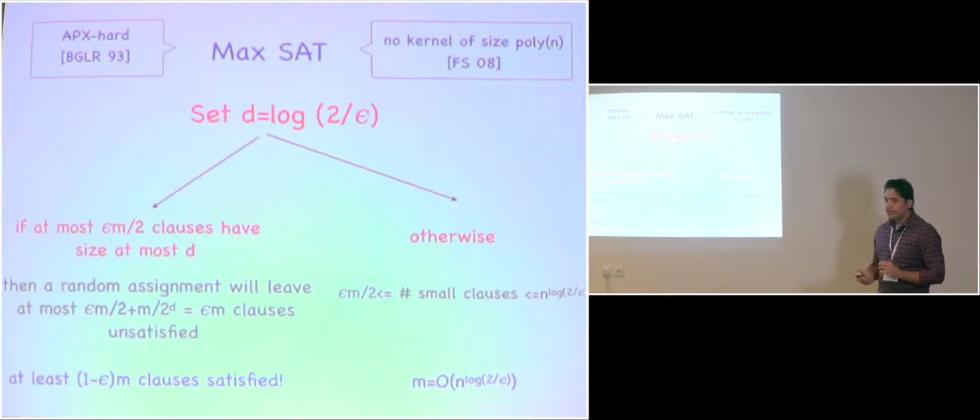If this happened, the observation is that any random assignment is going to satisfy all but epsilon m clauses anyway, which means your job is pretty much done. You don't have to do anything. If this is the case, then a random assignment is going to satisfy this with good probability. Otherwise, what you're saying here is most clauses are actually small.